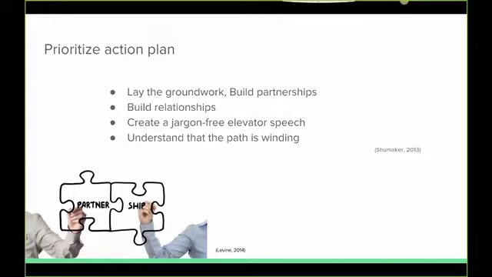And then, again, we said this before, but the path is winding and this could take years. It's taken us 6-7 years just to get to this point. At the heart of all this, we're moving away, and I think Mollie alluded to this, our current embedded model is very unsustainable. There won't be enough librarians to keep up with the number of sections and the type of demand that we're getting.